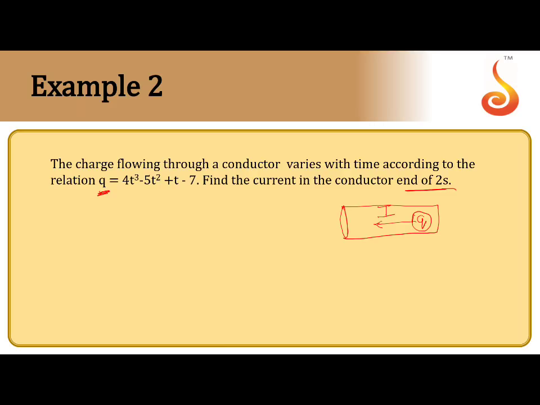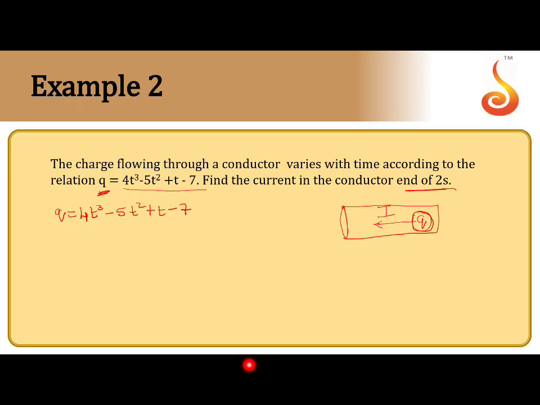The quantity of charge flowing is not a constant, it is varying with time. So we need to find what the current is. The given equation is Q equals 4t cube minus 5t square plus t minus 7.